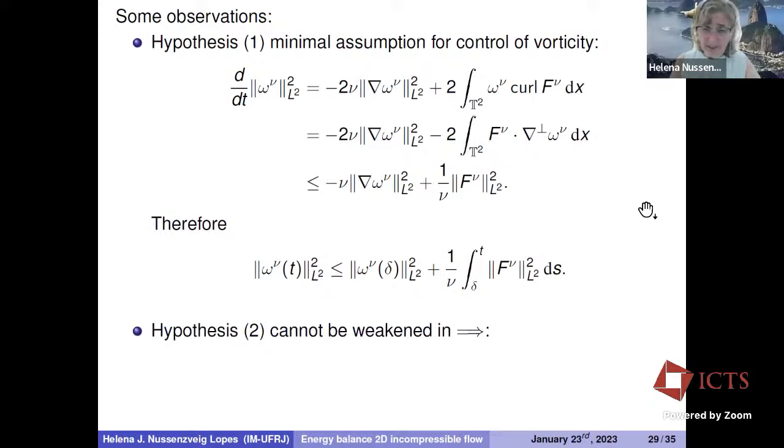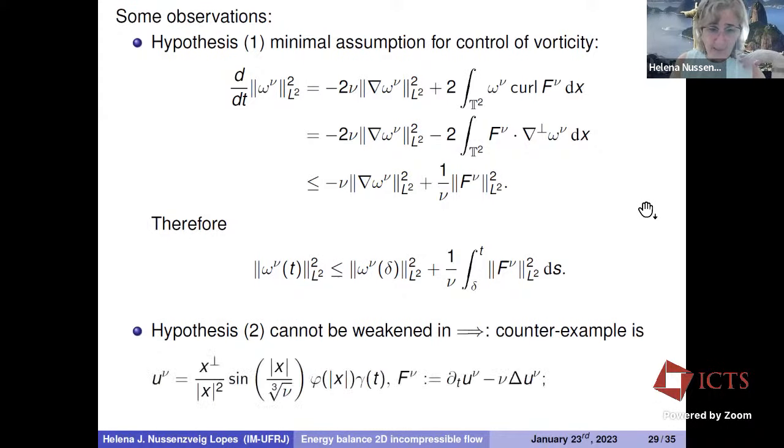The other observation that I have is that hypothesis 2 cannot be weakened. Hypothesis 2 was that the viscous forces converge strongly in L2 in time, L2 in space into the inviscid forcing. There is a counterexample given by U nu equal to this object here: x perp over x squared. So these are circularly symmetric flows.